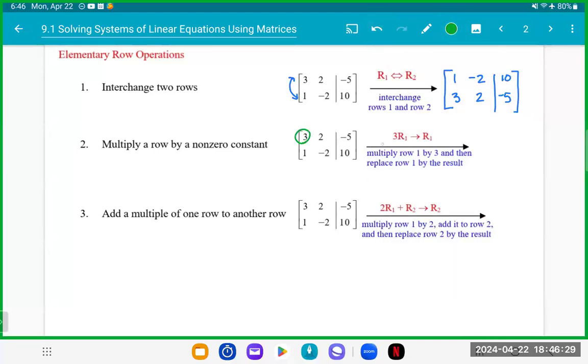So if we do, as it says, multiply row 1 by 3 and replace row 1, that would be, for the first one, 3 times 3 equals 9. So that becomes a 9 right here. And 3 times 2 is 6.